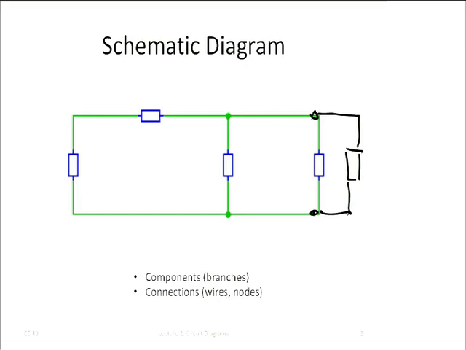Also, note that the number of dots and the number of nodes have nothing to do with each other. A dot is just for convenience. It's just to make sure that it's totally clear to everyone that this wire and this wire are actually connected here together. That's particularly useful if we had yet another component.